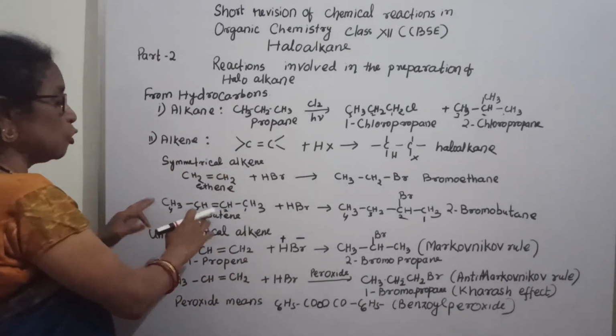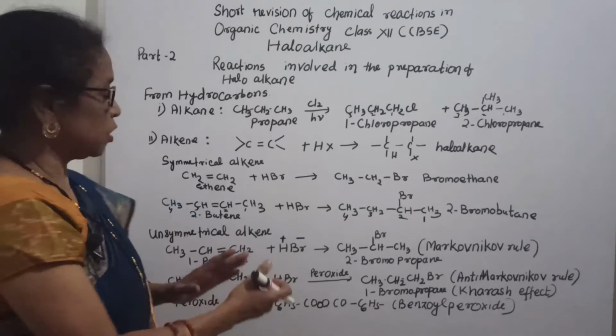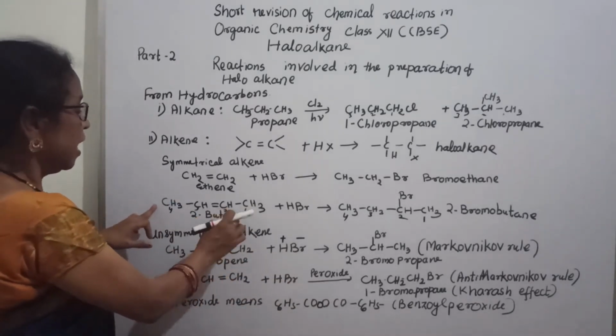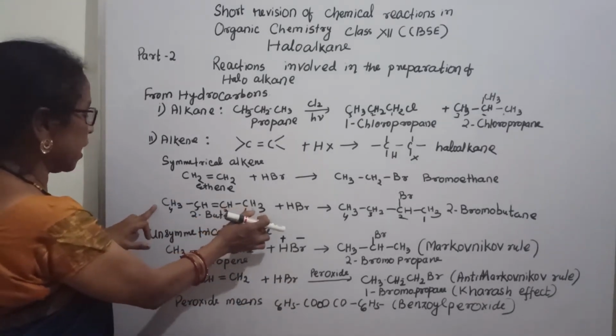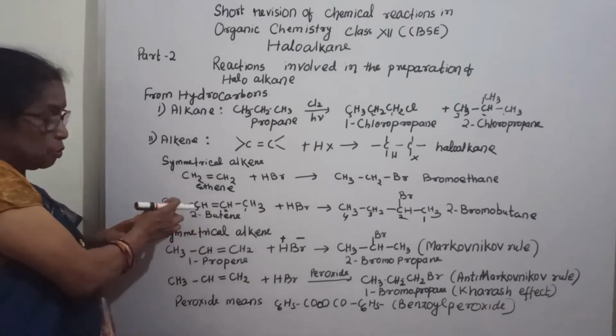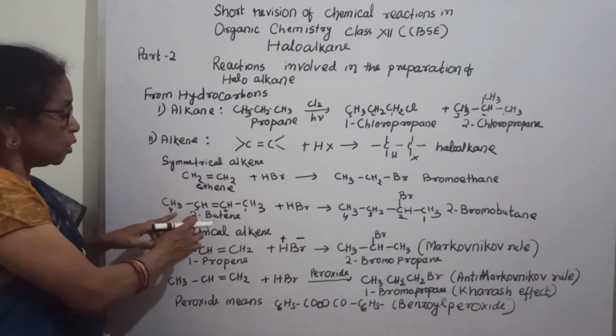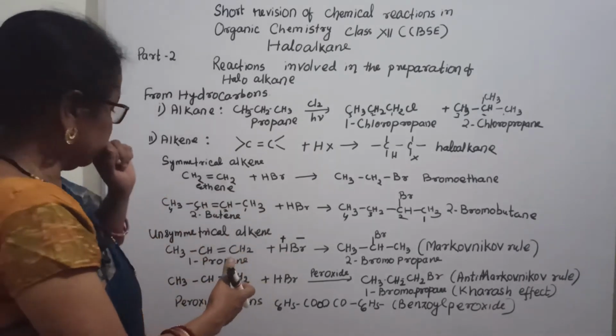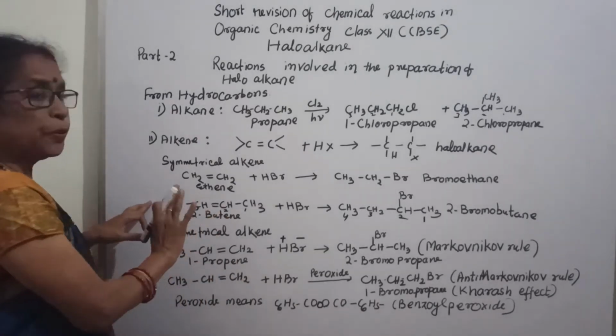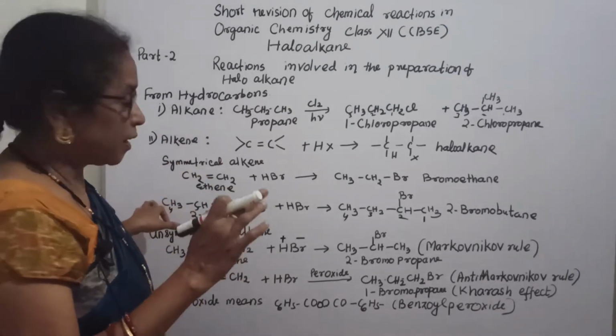You can see 2-butene is also a symmetrical alkene. See here, this side 2 carbon and 4 hydrogen, and this side also 2 carbon and 4 hydrogen. So 2-butene is an example of a symmetrical alkene.